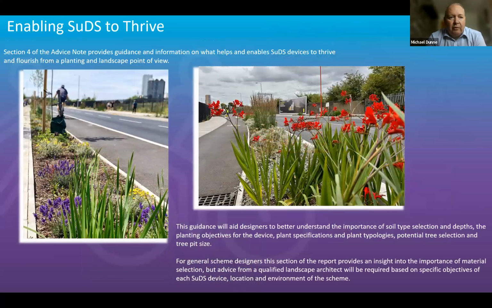Section 4 of the advice note talks about how to enable SuDS to thrive. It provides guidance and information on what helps SuDS devices to thrive and flourish from a planting and landscape point of view. For me, this section aids me as a designer to better understand the importance of the soil types, the planting, the objectives for the device itself, and then planting specifications and typologies.